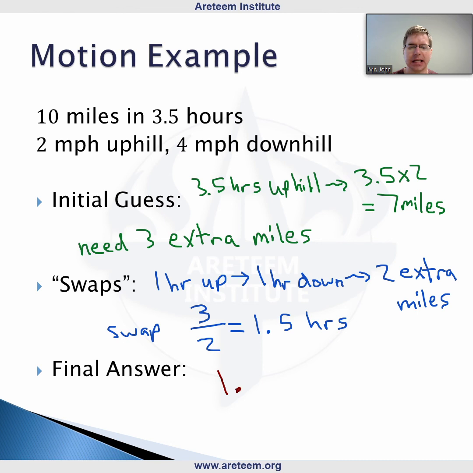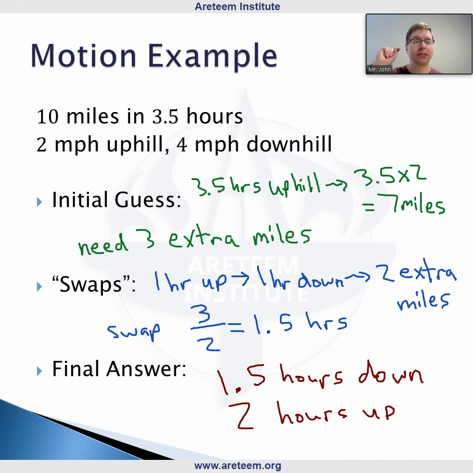This means he ends up hiking 1.5 hours downhill. And how many hours up? Well, it's the other 2 hours. So 2 hours he is hiking uphill. So 1.5 hours downhill, 2 hours uphill, and we can see that this question is also answered using this chicken and rabbit method.